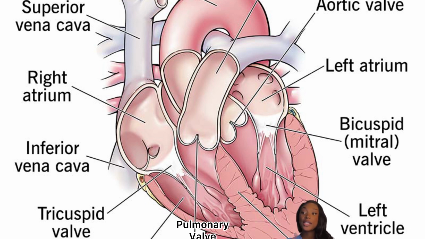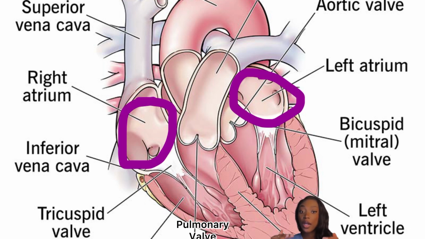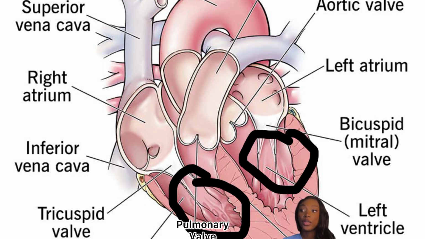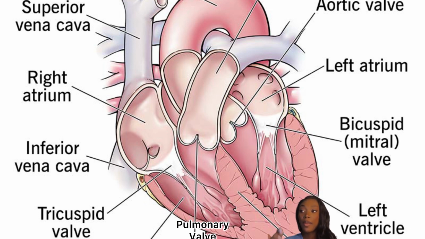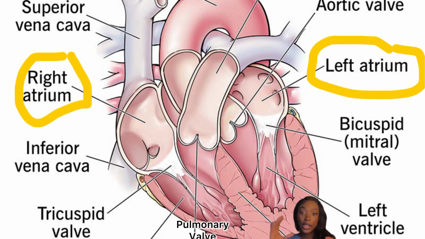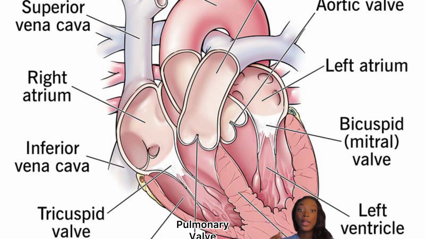So the heart consists of 4 chambers. These are like rooms. Those are the atria on the upper level, and the ventricles at the bottom. We have the right atrium and the left atrium on the top. The atria receive blood from the body and bring it to the heart.